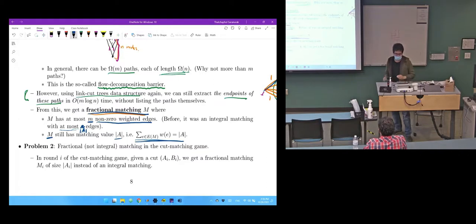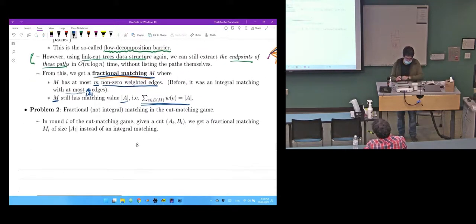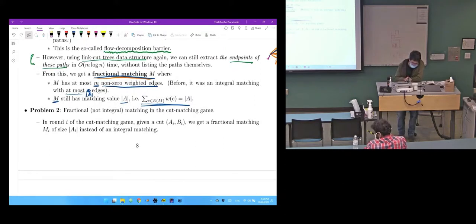Okay. So anyway, we can extract this fractional meshing fast, without getting the whole flow path decomposition. But this leads us to problem 2.